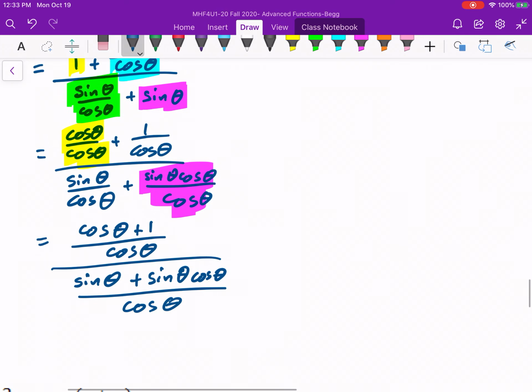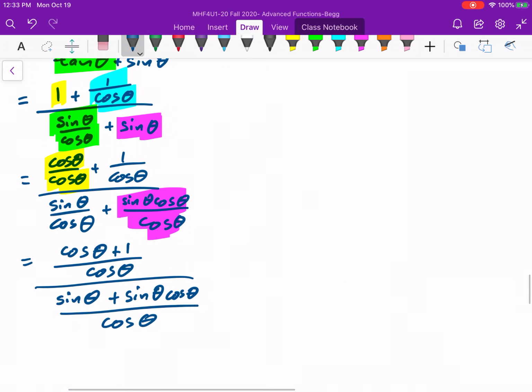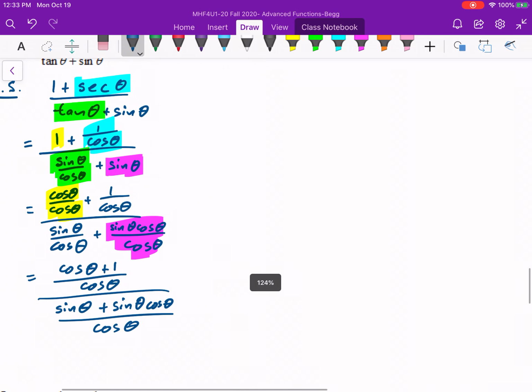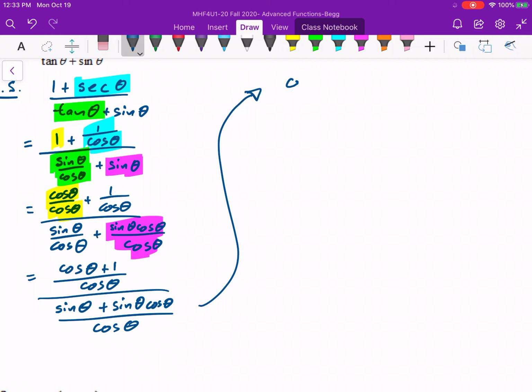And that puts me in a position that is actually quite nice, because then I can invert and multiply. So I've got cos theta plus 1 over cos theta, all divided by sine theta plus sine theta times cos theta over cos theta. And if I invert the second one and multiply, things might turn out okay. So cos theta plus 1 over cos theta, that is merely the numerator that I just had.